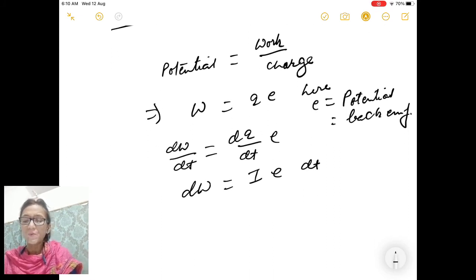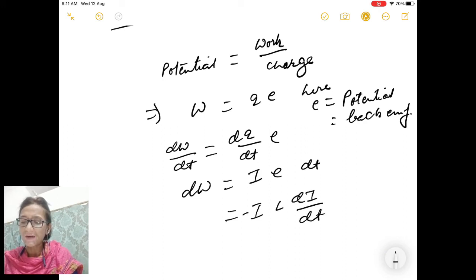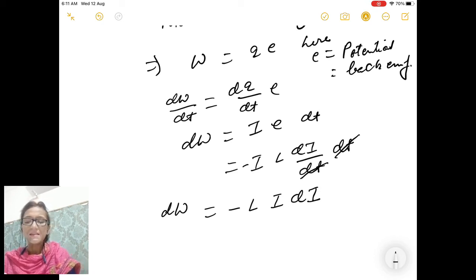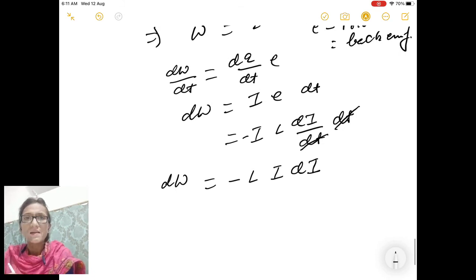Now let me put in the value of this induced EMF, which is equal to minus L di/dt. Here you have dt. Cancelling dt from the two sides, you will find that dW is equal to minus LI di. This is the small work done in establishing a small current I.